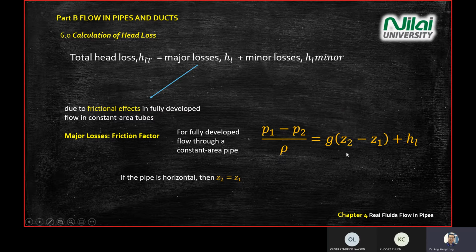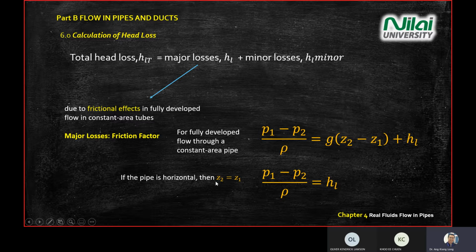If the two points are horizontal, then Z2 minus Z1 will be 0, so you can take this component out. Your equation will be only P1 minus P2 divided by rho equal to HL. However, in your coming exam, it won't be horizontal.